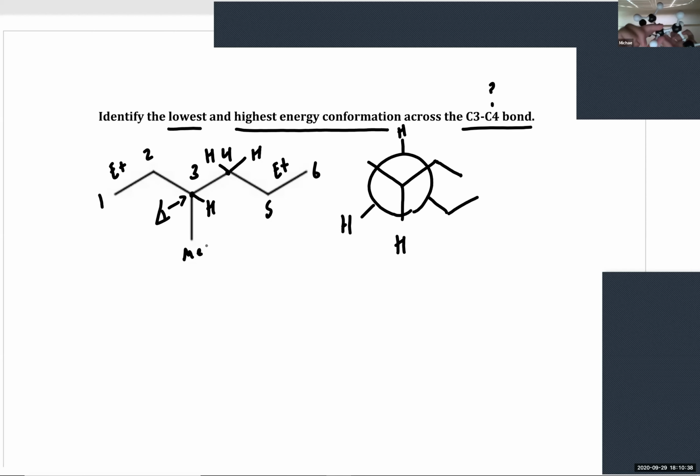So we look down carbon 3 and then we just draw what we see. Can I get some confirmation in the chat that everyone understands how we got this first Newman projection?